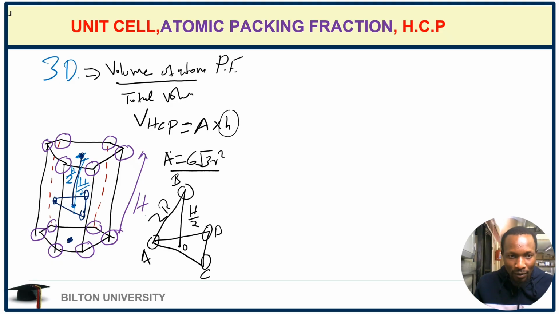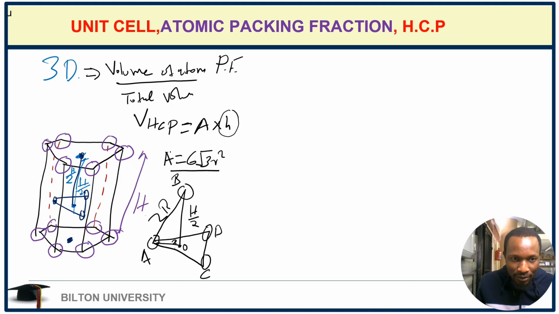Now we can connect this point here, and let's say we call it point X. We don't know this point X, and we're looking for this height here, so that we can calculate the volume, because our volume is area times height. So now let me redraw it.